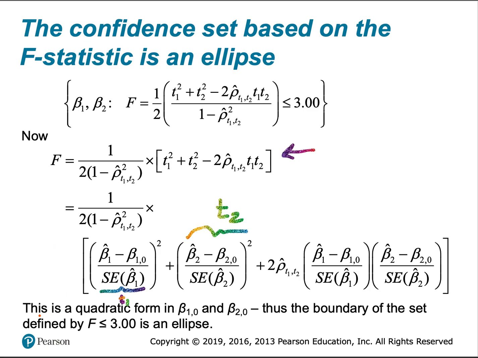Now this expression is a quadratic form in the null hypothesized values. So the boundary of the set defined by this F statistic is an ellipse because of the quadratic form.